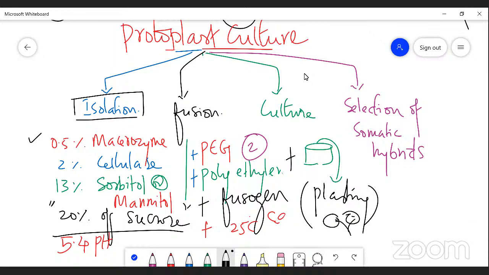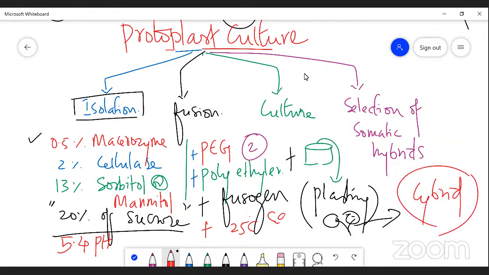When we use the protoplast, we can get a hybrid, the fusion of only cytoplasm, not nucleus. So what is a hybrid? Hybrid is a fusion of cytoplasm without the fusion of nucleus. That is called a hybrid.